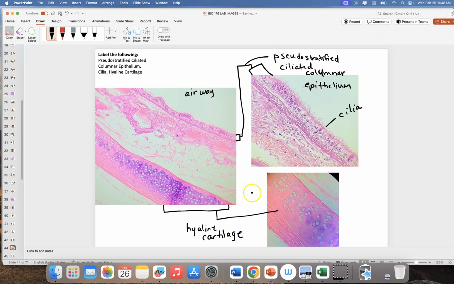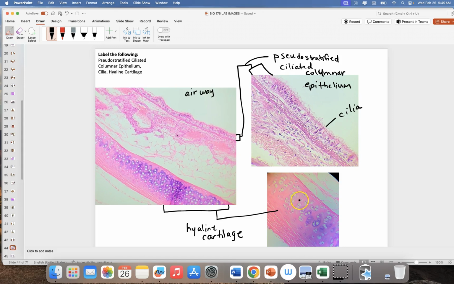And again, I don't have it on the list because it's a review from A&P 1. But here we can actually see the chondrocytes in lacunae. They have that distinctive shape since that lacunae, or lake, holds the cell, and we can see the nucleus of the cell inside.